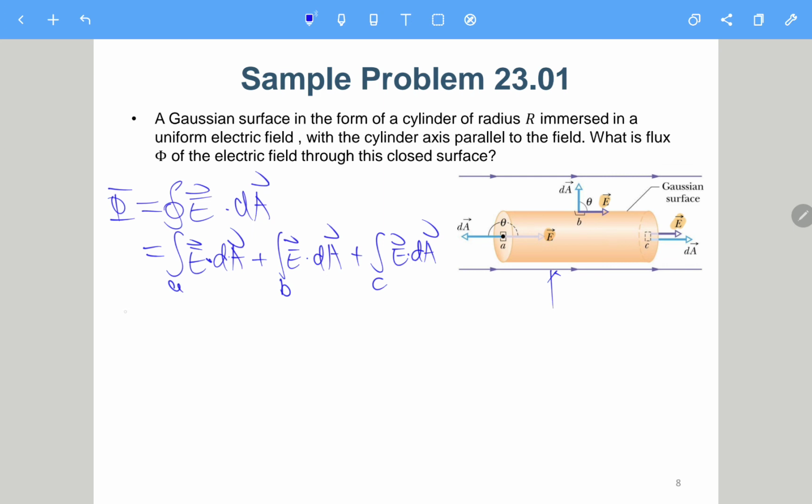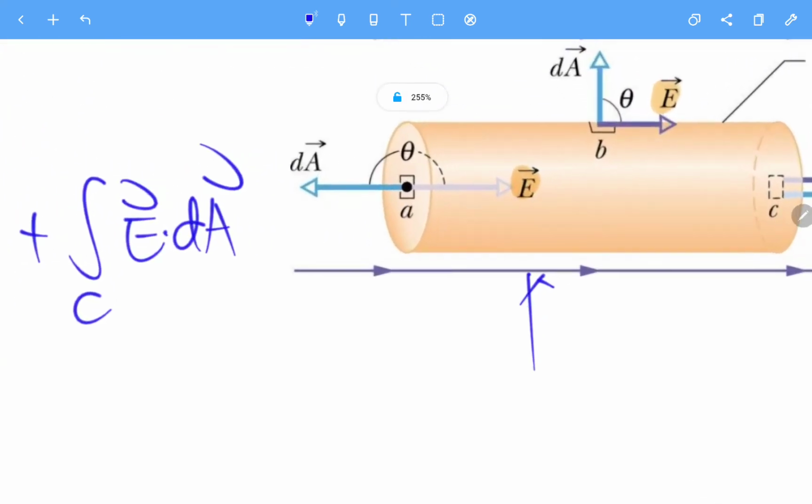Okay, first we consider E dot dA for part A. dA points outside, perpendicular to this element, so it points to the left side. E points to the right side.